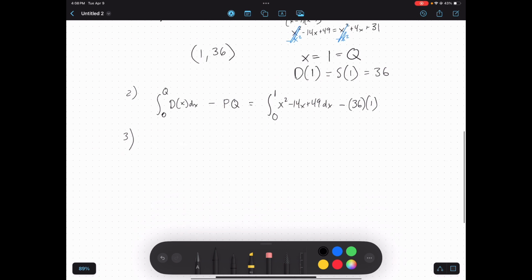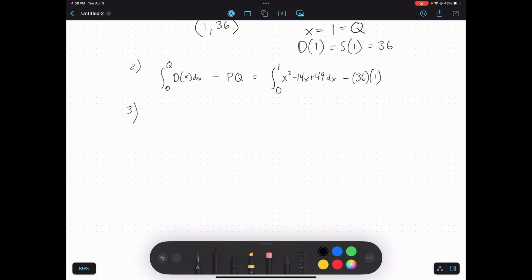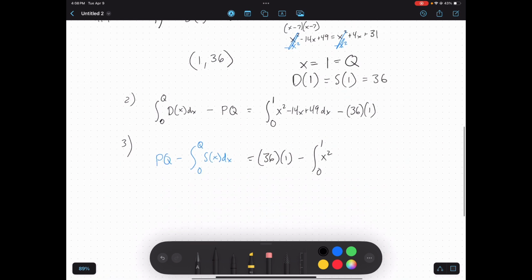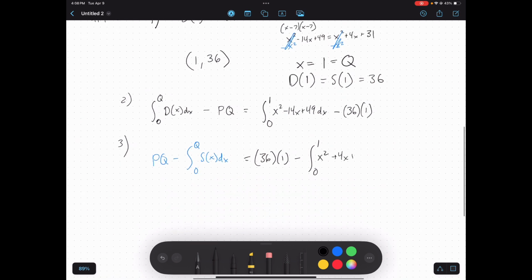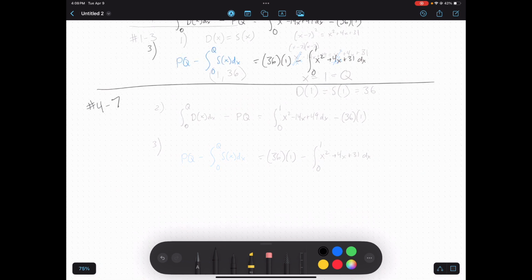And when you do your producer surplus, that P times Q part at the very beginning uses the exact same P and the exact same Q, so you get 36 times 1. Your integral is just going to look a little bit different because you're using the other equation, x squared plus 4x plus 31. Then you just finish solving for those.